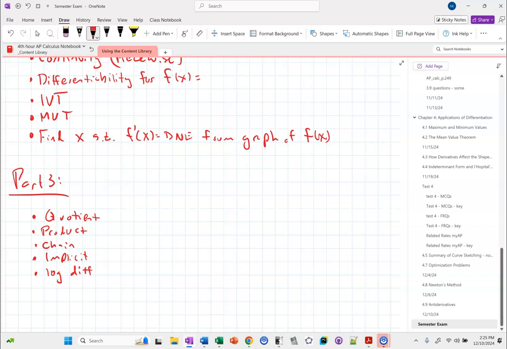Your problems will include quotient, product, chain, implicit differentiation, double chains. 1, 2, 3, 4, 5, 6, 7. There are 7 of those problems.